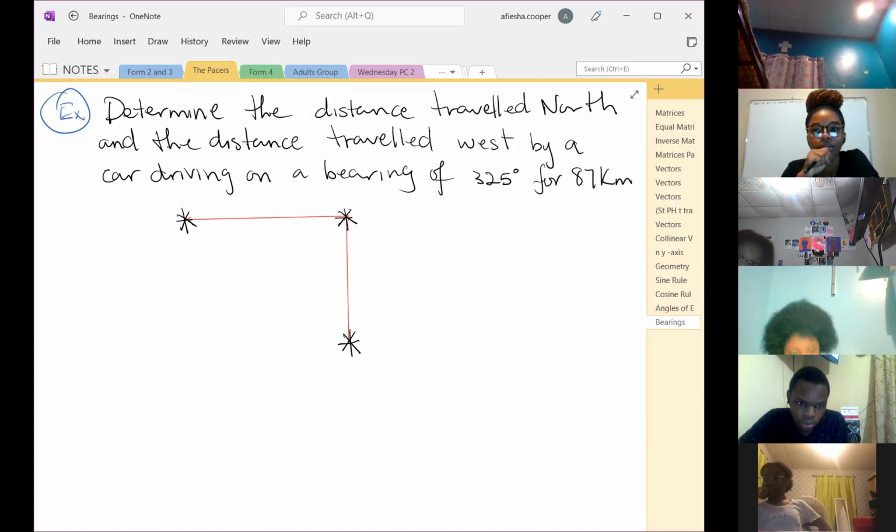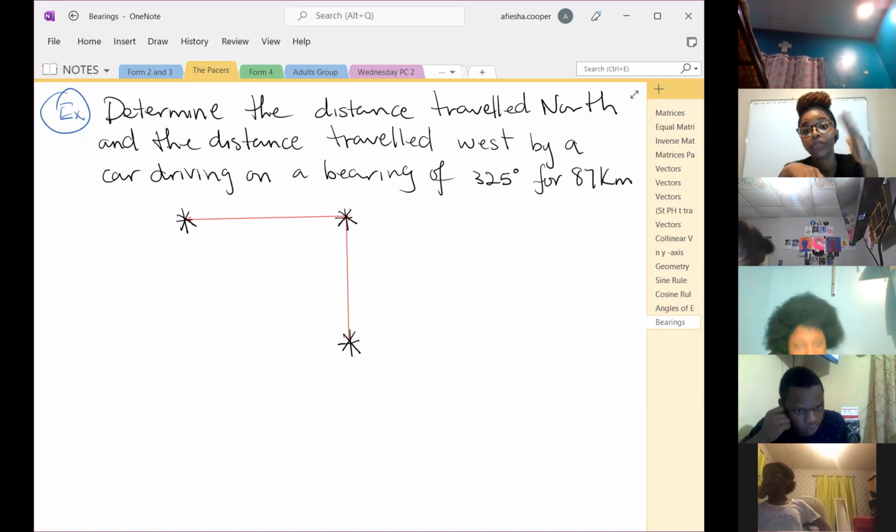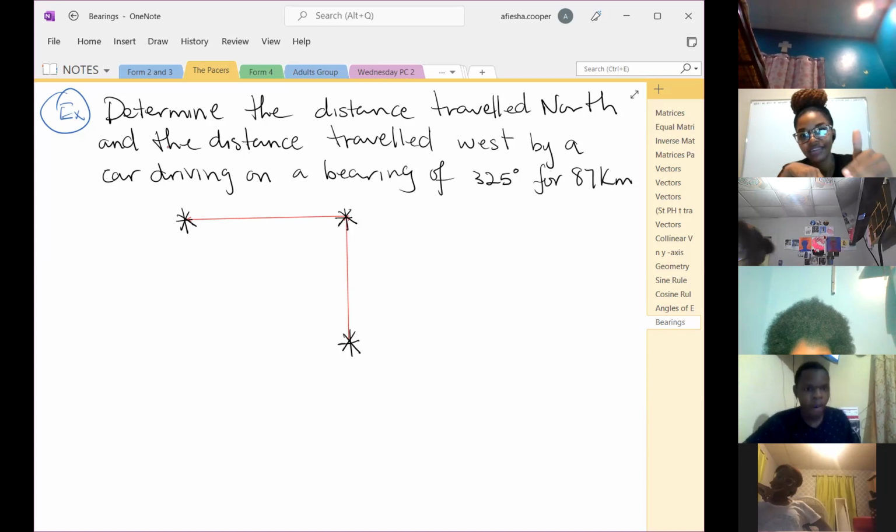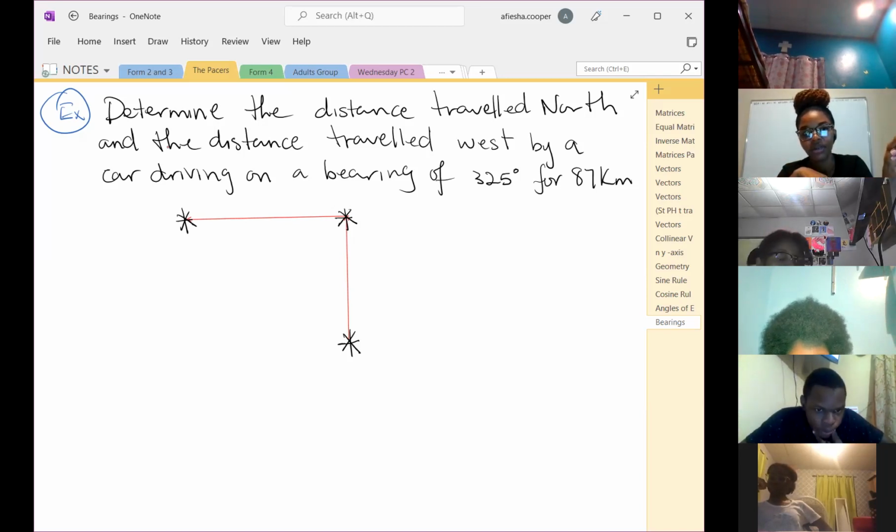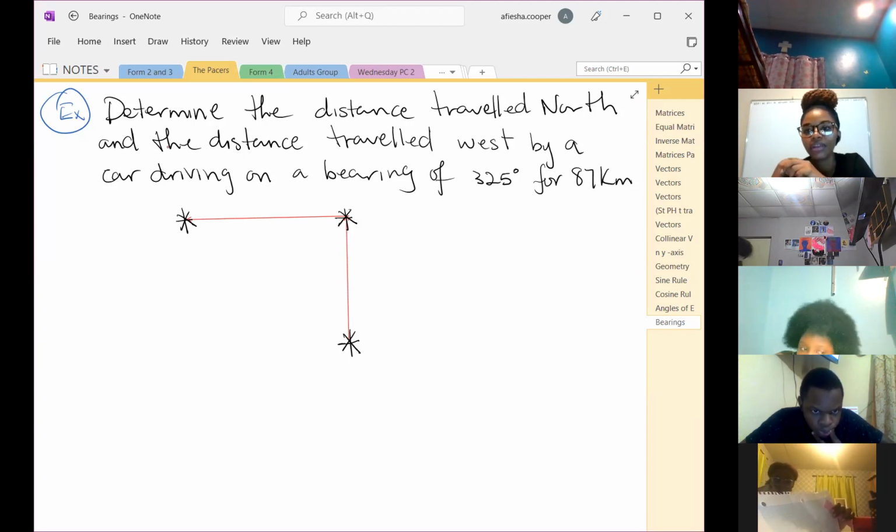I'm confused. So remember, they gave you the journey. We went north, we went west. So the starting is the star at the bottom and the ending is the star up on the west, right? So that's the end of the journey. So close it off now. What line would close it off?